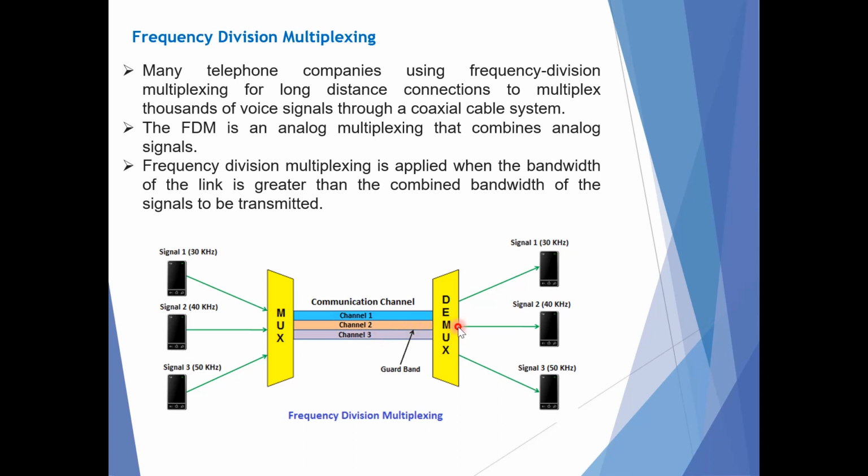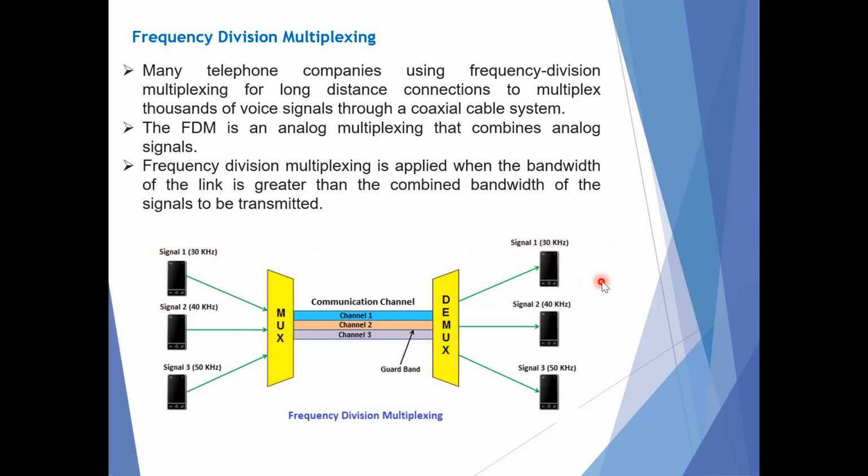In the spectrum of the composite FDM signal, we can find that for each and every signal a different carrier frequency is allotted. So channel 1, channel 2, channel 3 are sent by using different carrier frequencies, and at the receiver side demultiplexing is used, and so we can again recover our original data, that is, signal 1 is transmitted.